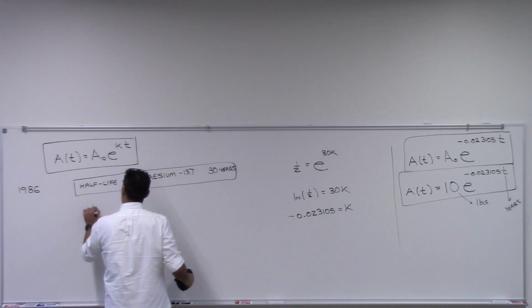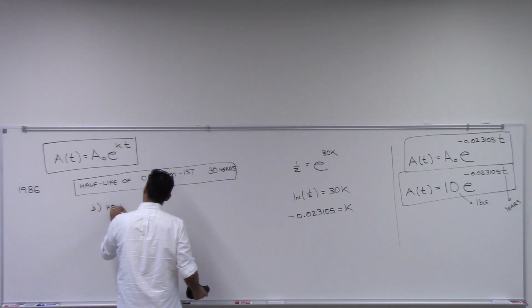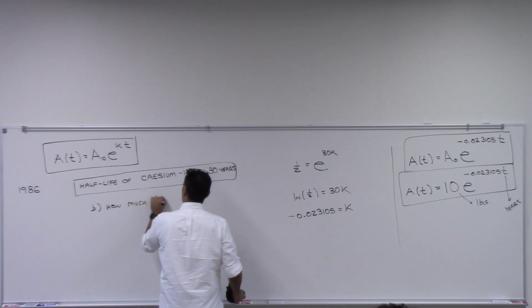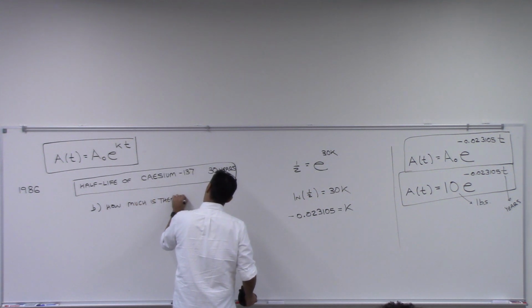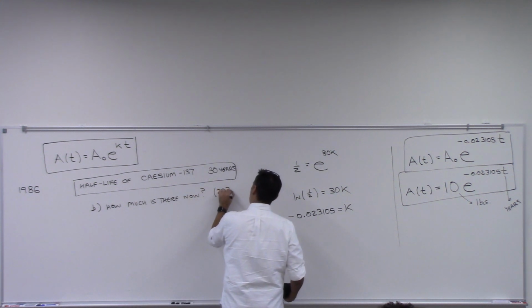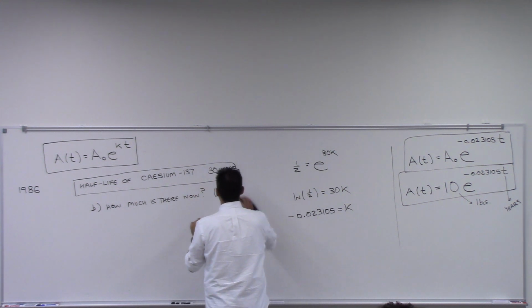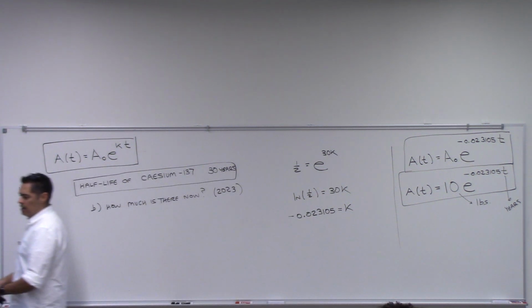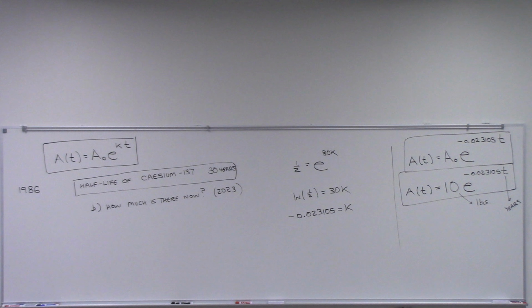So part B, how much is there now? 2023. But you know what, 2024. Nah, it's not 2024. We'll go with 2023. So what am I asking you to do then?